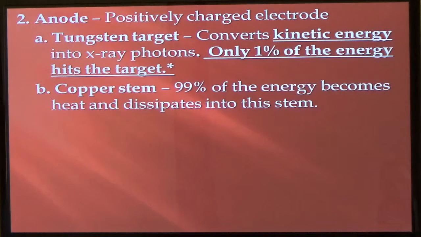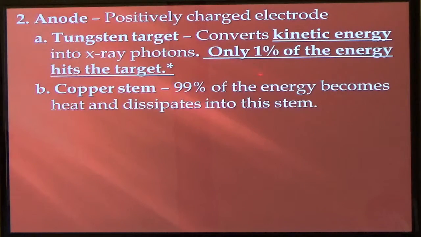Only about 1% of the energy hits the target that you're trying to expose, basically 1%. The other 99% just turns into heat. So if you shoot 100 X-ray rays to that target, only 1% is actually going to get made into an X-ray and actually hit the target that you're intended to hit.